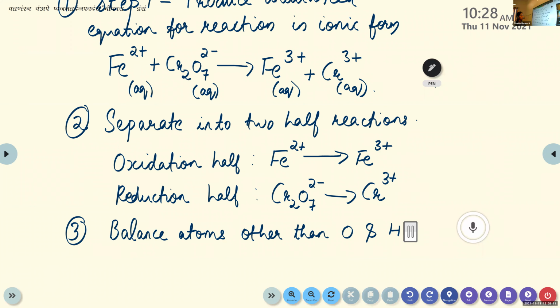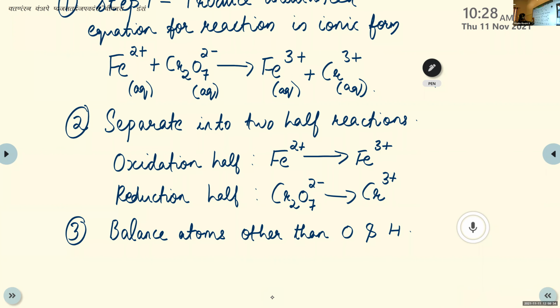So which are the other atoms? Can you tell me, in this chemical equation, which are the atoms other than oxygen and hydrogen? Iron and chromium, right? Fe and Cr. So we need to balance both Fe and Cr.